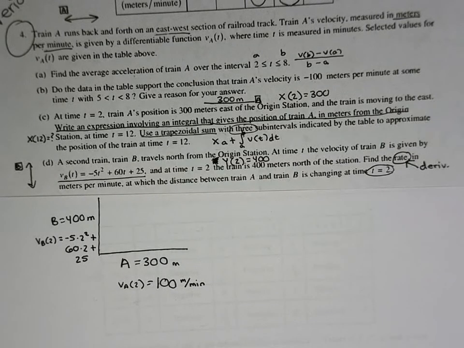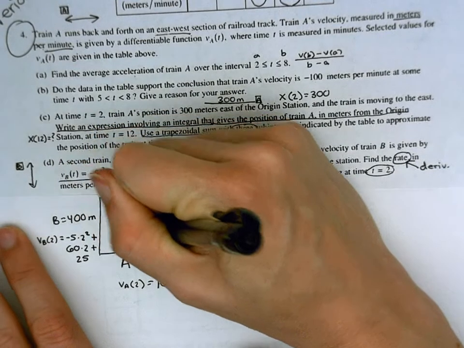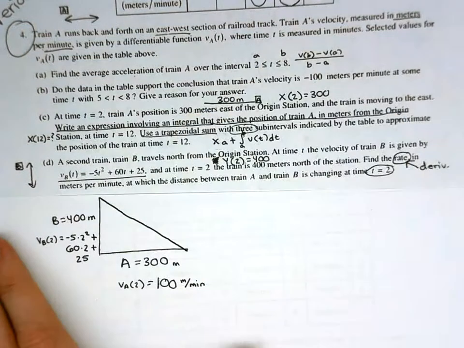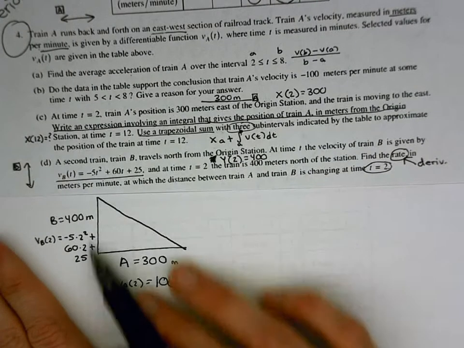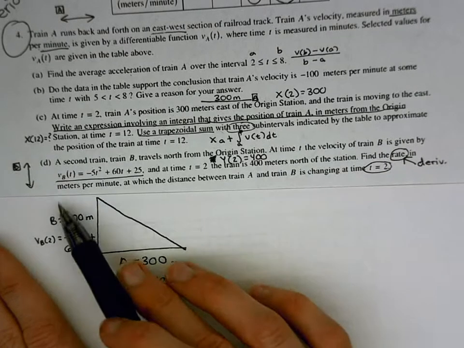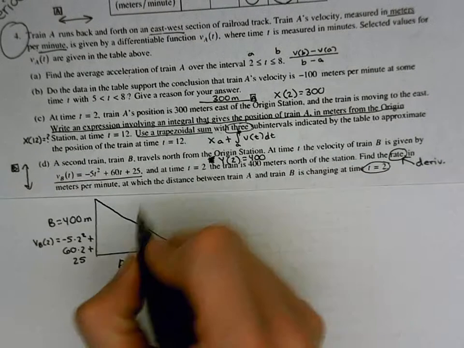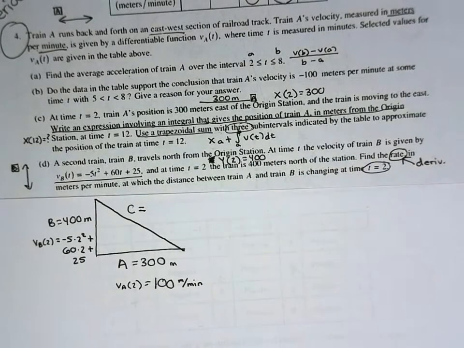Okay, and so now I'm like, okay, well, the distance between A and B, that would be here, right? And then when I draw that in, I notice, oh, that makes a right triangle. And if this is train A and this is train B, this side of my right triangle, I'm going to call that C. Right? ABC. Right triangle here.